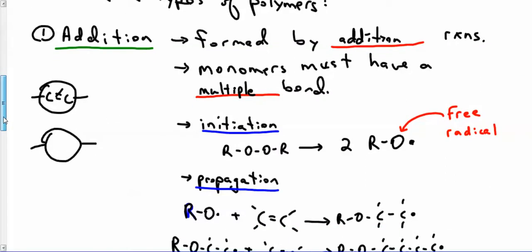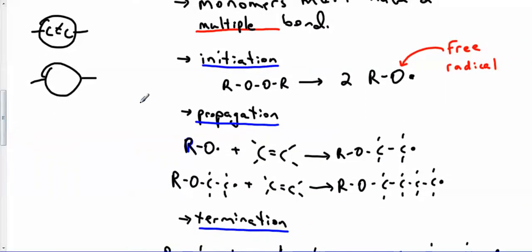There's a few steps to addition polymerization. First stage is initiation. You need something that's going to get this reaction started. Usually you start with a peroxide, a very common one being hydrogen peroxide, which is H2O2.